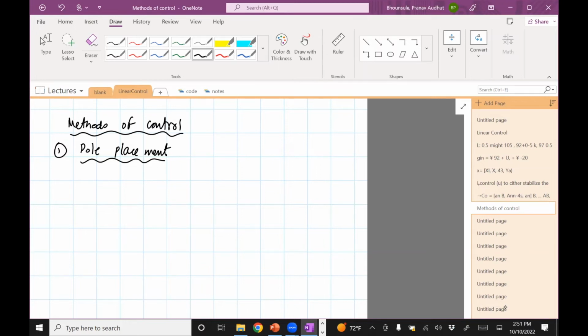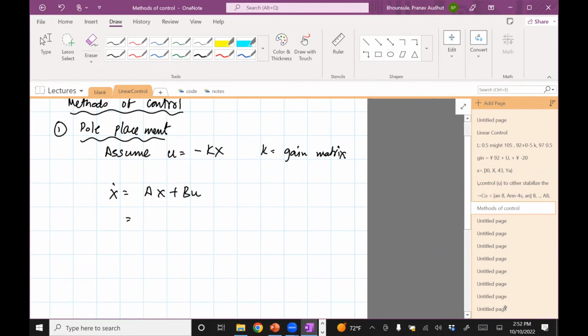So what we do is we start off assuming u equals minus Kx, where K is the gain matrix. If you look at the equation, we have x dot equals Ax plus Bu.